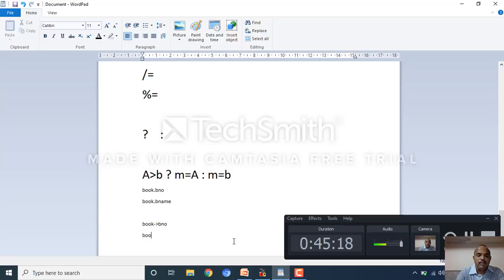Then here book member operator, then bname. Okay, this is the member operator. Member operators are used in pointer concepts. Okay, all of you clear?